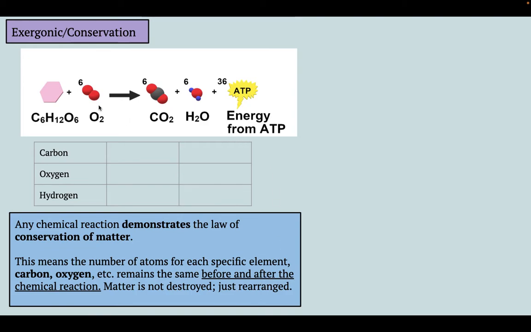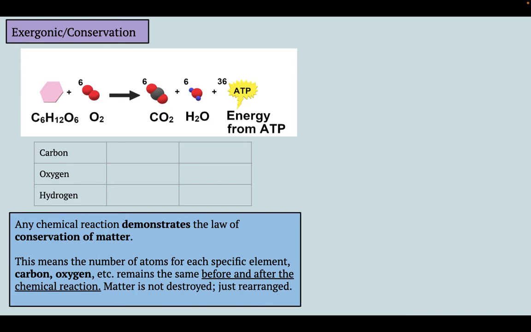So if we look at this reaction that's balanced, we have 6 carbons and we have 6 carbons. We have 12 hydrogens and we have 6 times 2 hydrogens. We have 6 plus 6 times 2, which is 18, 12 plus 6, 18 oxygens. And we have 6 times 2 plus 6 times 1, 18 oxygens. This is showing us the conservation of matter.